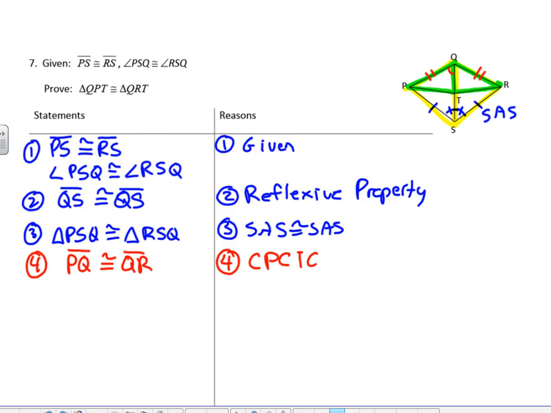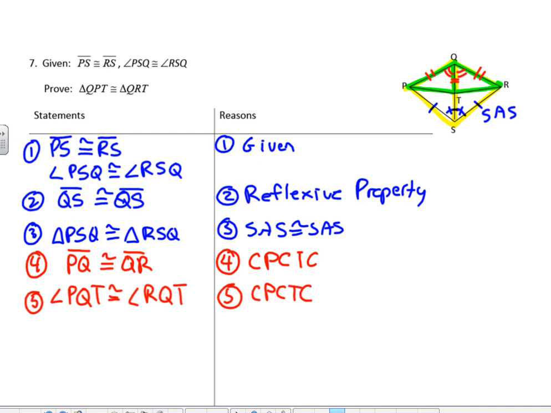In addition, this angle and this angle are also congruent to each other because they're corresponding parts. So we could say angle PQT is congruent to angle RQT, and the reason for that would be corresponding parts of congruent triangles are congruent.